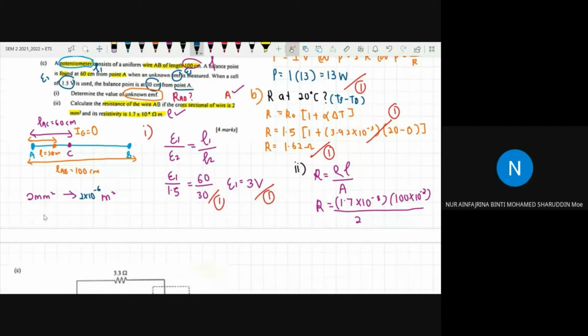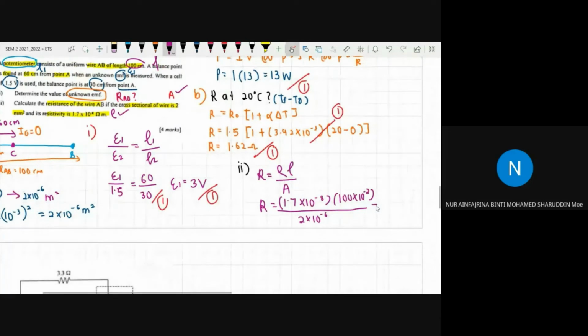Macam mana Miss dapat? Milimeter kepada meter adalah 10 to power of negative 3. Tetapi nampak tak dia ada square ni kan? So awak squarekan dia. So awak akan dapatlah 2 times 10 to power of negative 6 meter squared.